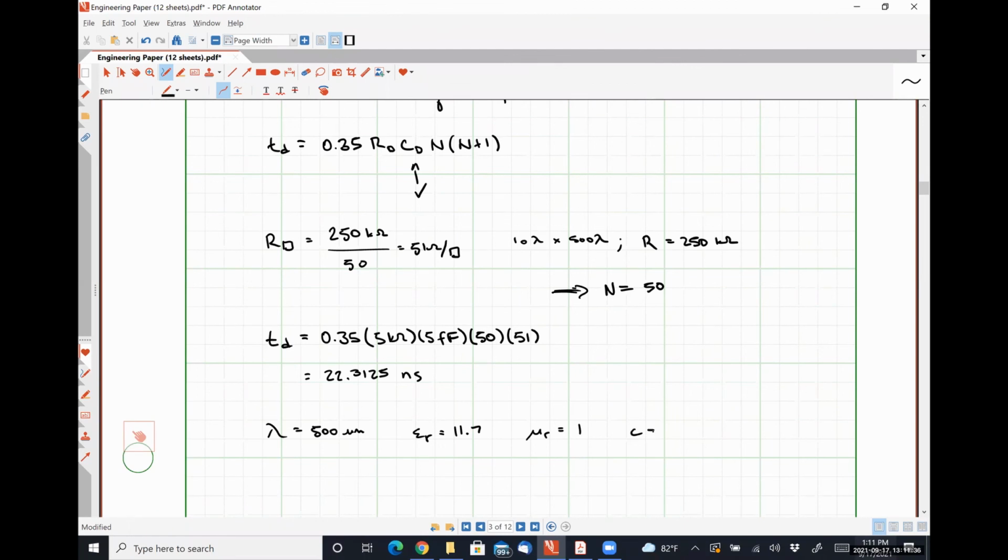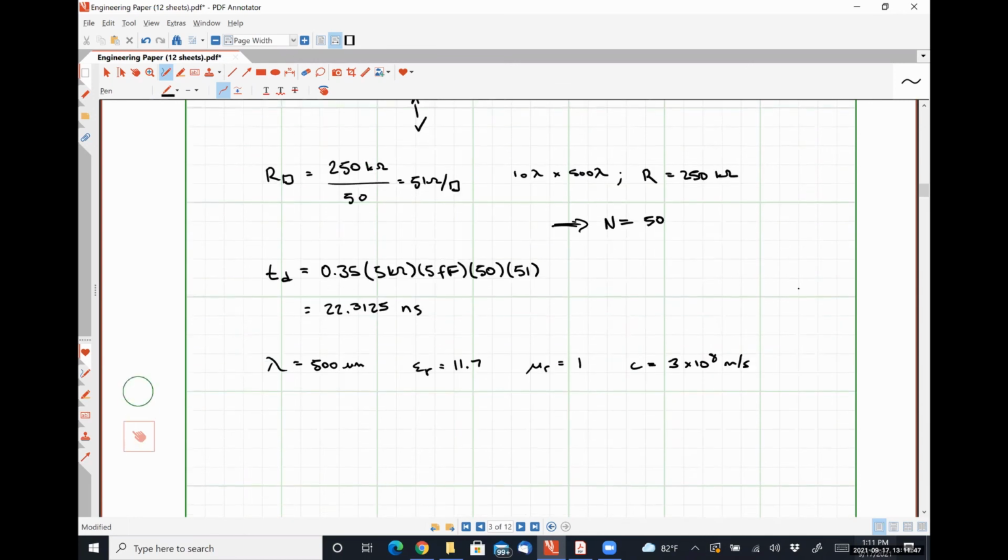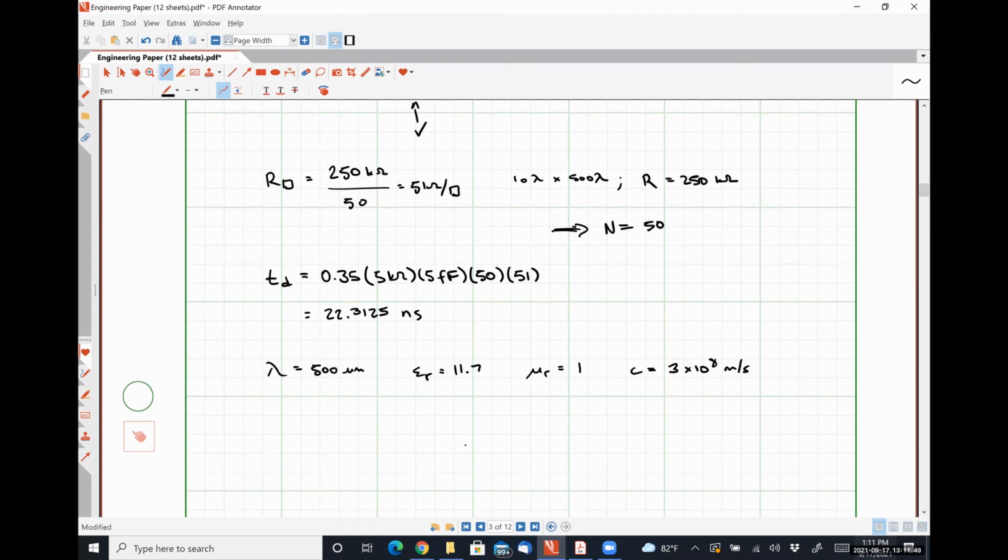The speed of light in a vacuum is 3 times 10 to the 8 meters per second. So our intrinsic delay time, TID, is going to be the square root of 11.7 divided by 3 times 10 to the 8 meters per second.